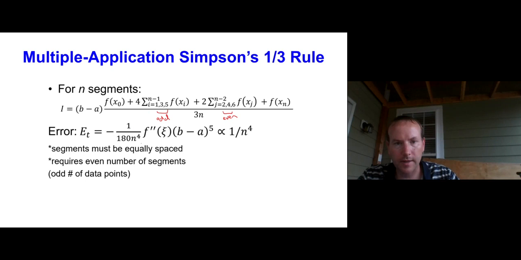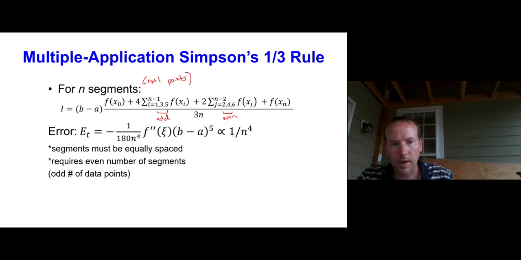And so this is for n segments, which means it's going to require information about these functions at n plus 1 points.